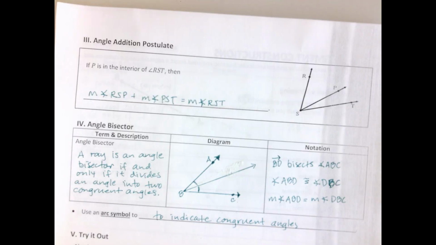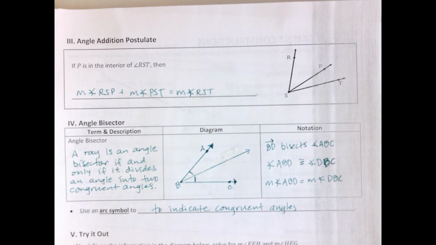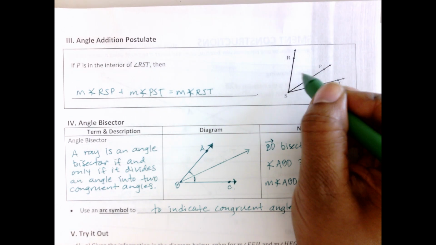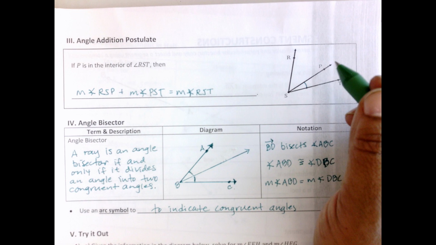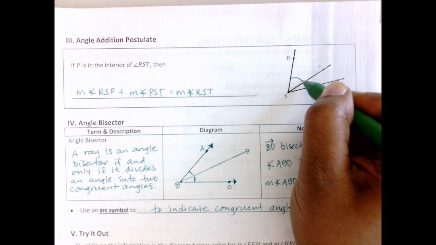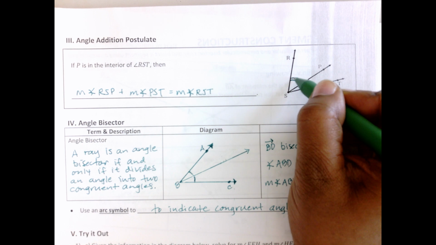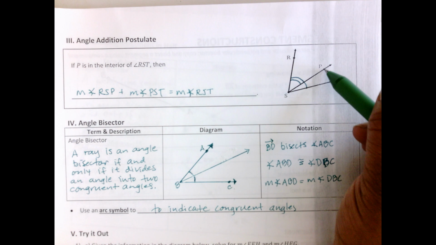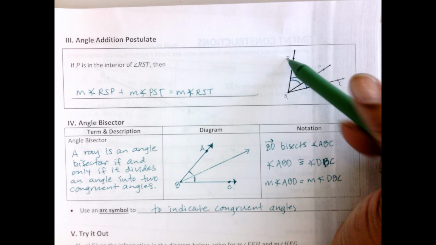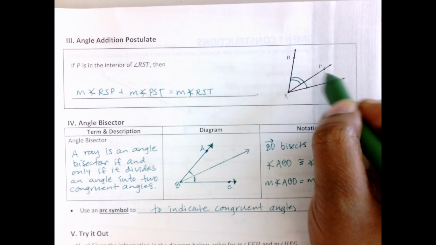So think about what we just did last lesson, and that was the segment addition postulate, which stated if we take one segment and we add it to the other, it would give us the total of the entire segment. Same thing here with the angle addition postulate. Both of these two angles are of different measures, but if I added angle PST to angle RSP, it would give me the whole thing, which is angle RST.